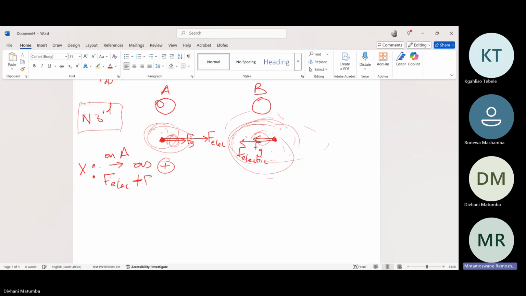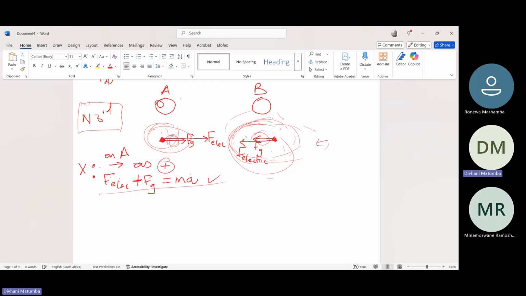And then it is equal to ma. Correct. Even if you use object B, you are going to get the same thing. If you choose that direction as positive, you're going to get the same equation. You agree?